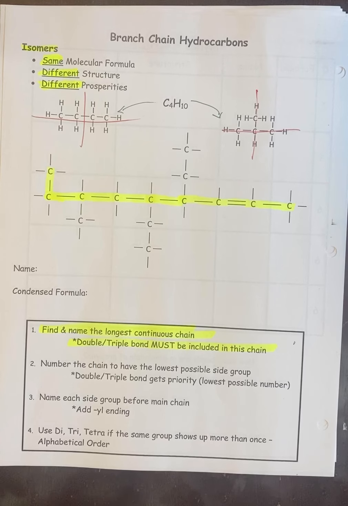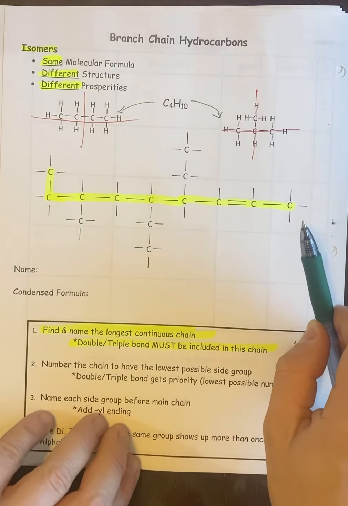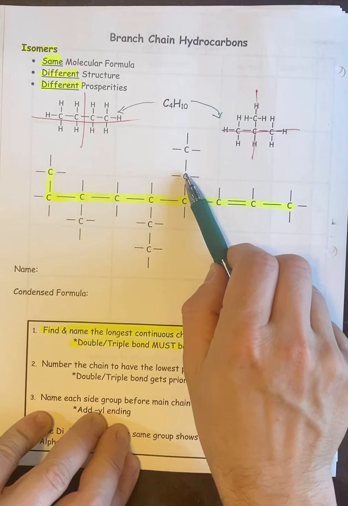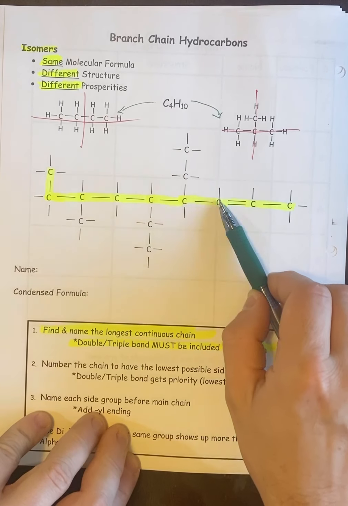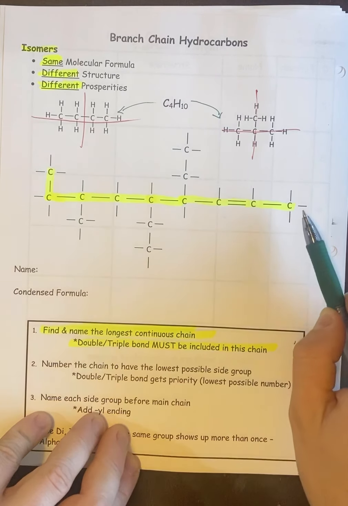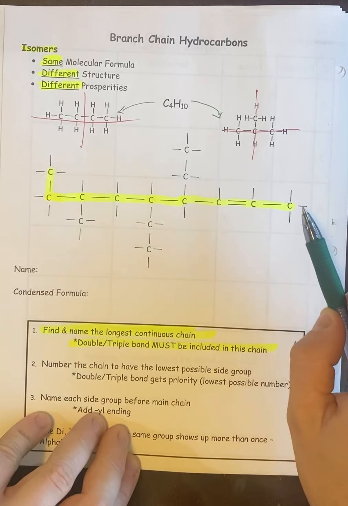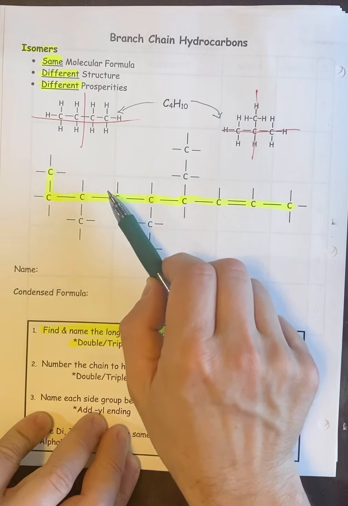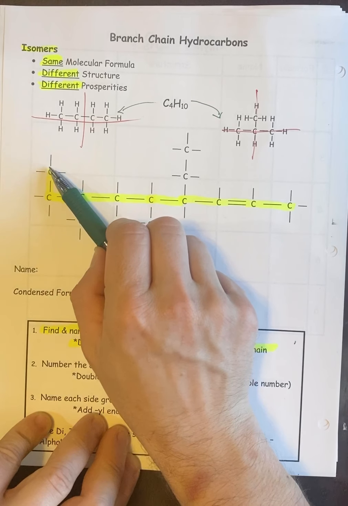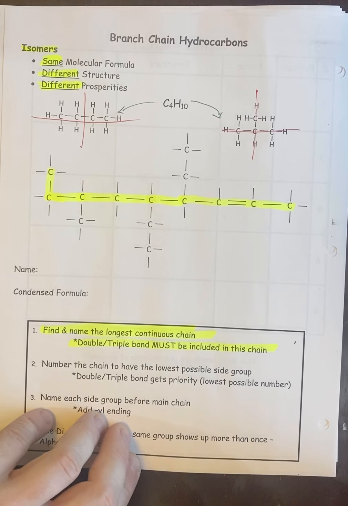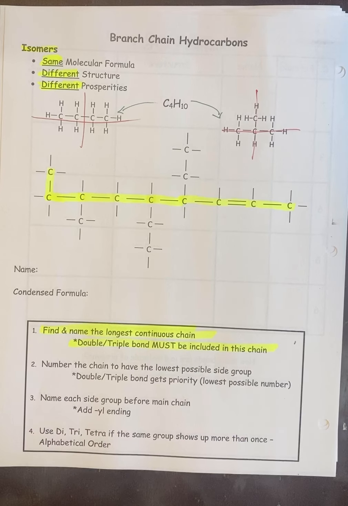You can't go back on a carbon you've already counted. So in other words, I could have went 1, 2, 3, 4, 5, 6. I could go 1, 2, 3, 4, 5, 6, 7, or 1 through 8, or 1 through 9. And that's the longest possible chain in the molecule without doubling back.